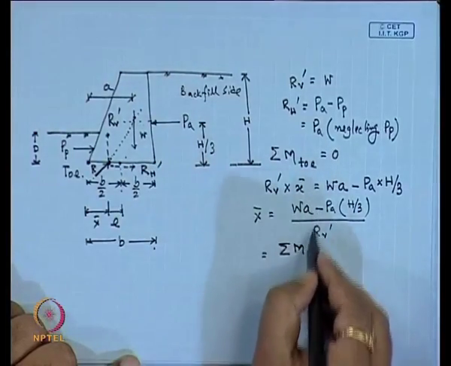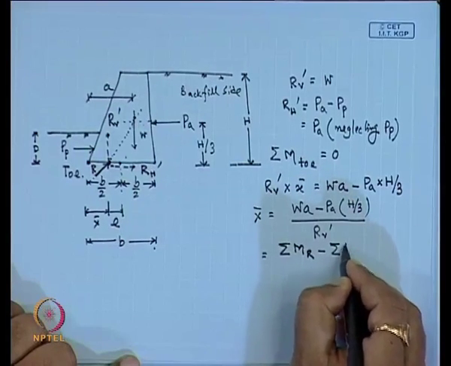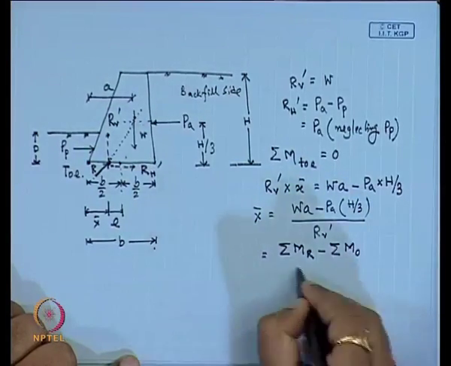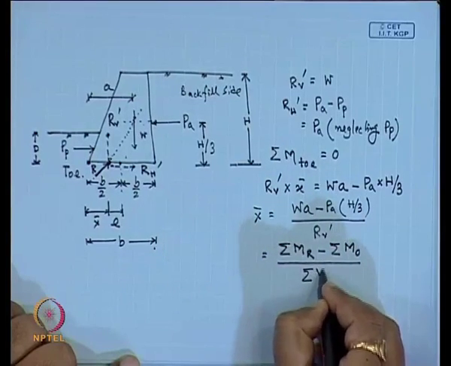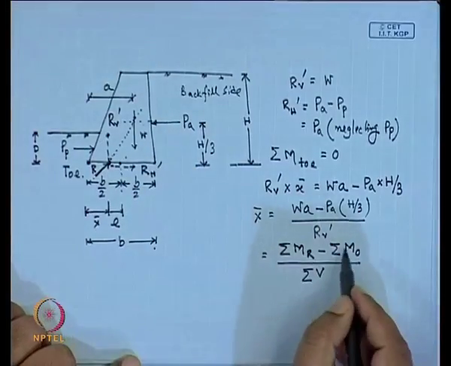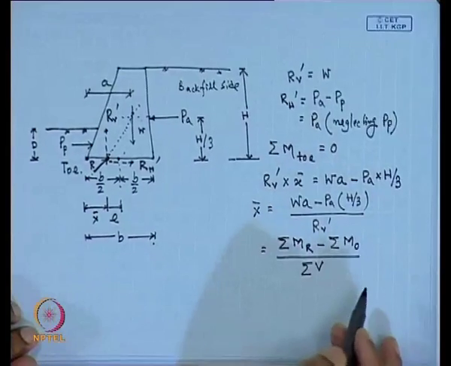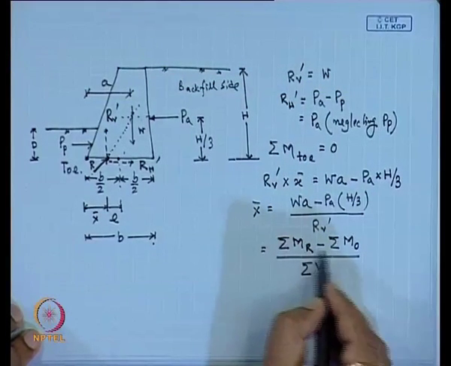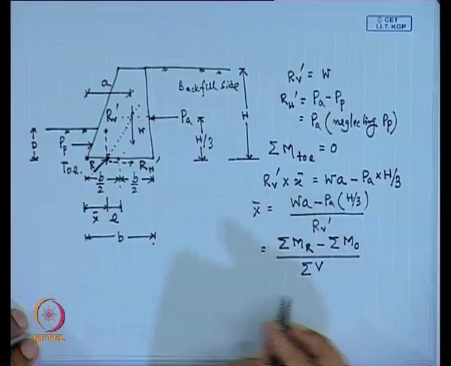So, that moment is the resistive moment minus the summation of the overturning moment, or M o, divided by all the vertical force. So, these are the vertical forces. That means we can calculate the x bar as the summation of resistive moment minus summation of overturning moment, divided by summation of vertical force.